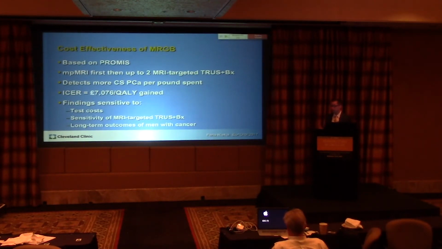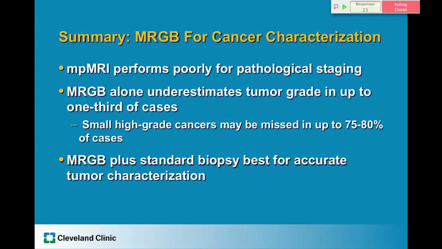However, they did say that their findings were sensitive to the cost of these tests, as well as the sensitivity of MRI targeting by the fusion and long-term outcomes of men with cancer. So in summary, multiparametric MRI performs poorly for pathologic staging with respect to extracapsular extension or seminal vesicle invasion when used in isolation.